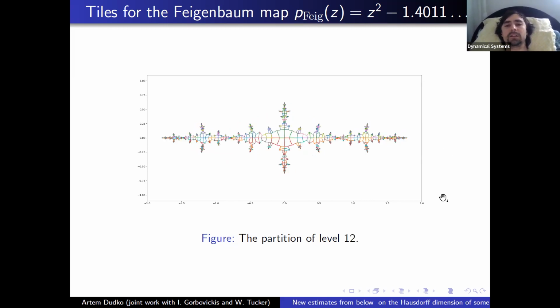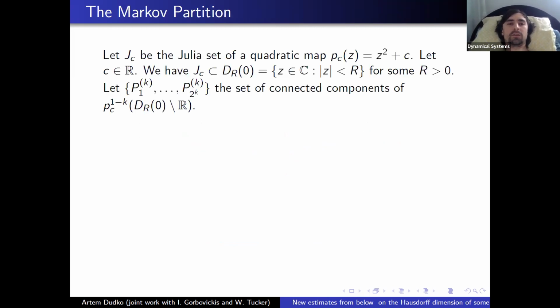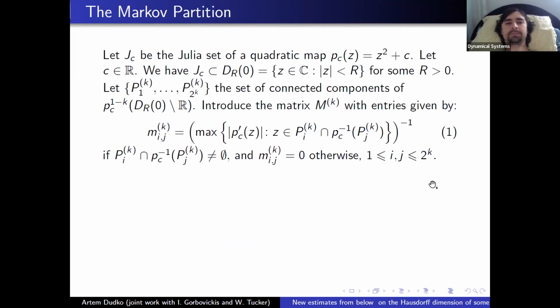And this is just an illustration. Here is a partition of level 12. Oh, actually, it was for the Feigenbaum polynomial, not for z squared minus 1. For z squared minus 1, I will show a picture later. So we have our partition.